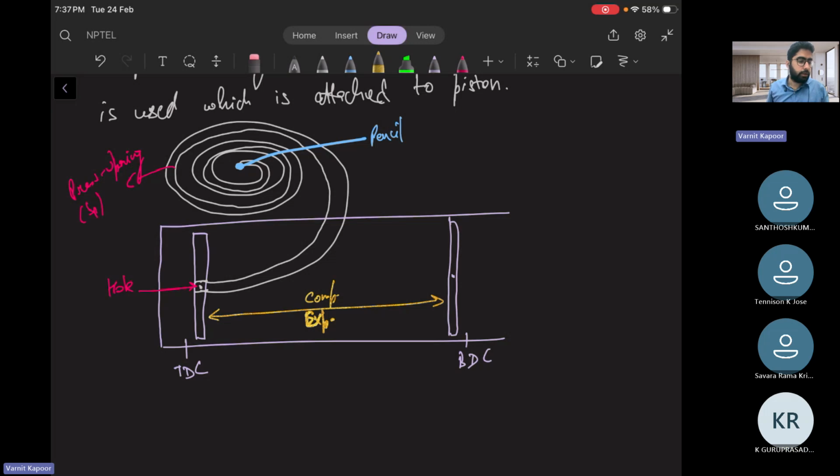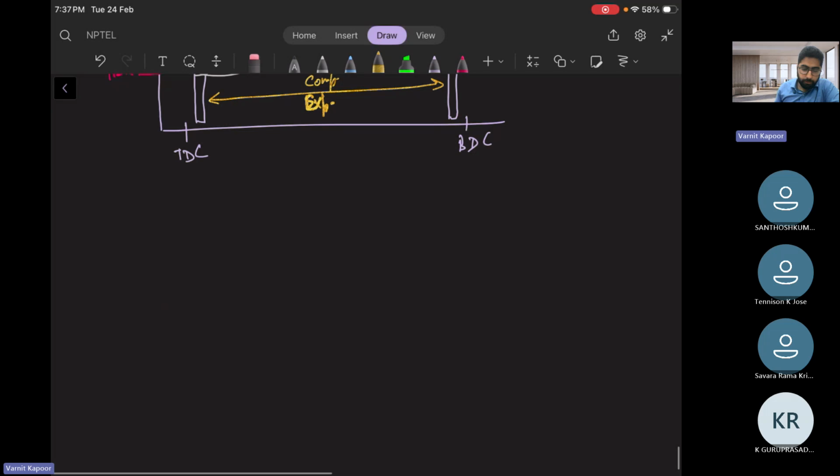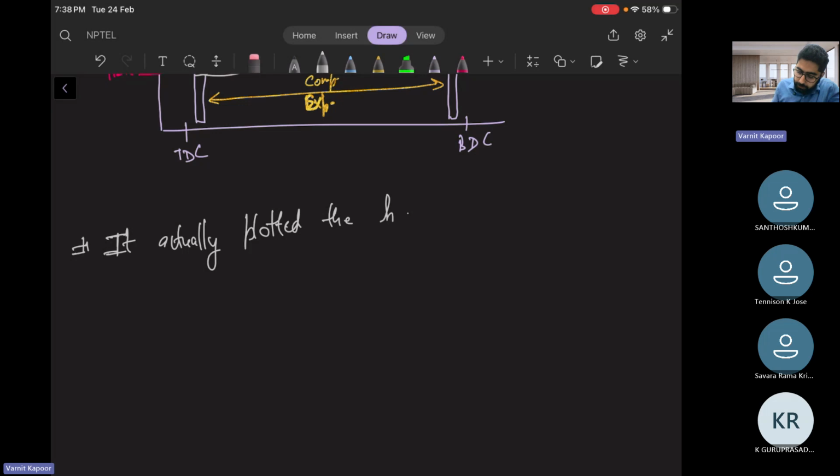Okay. Now the next point is, we have got the pressure volume diagram for the actual PV diagram, but actually this pressure spring mechanism plotted the h, which is not equal to the swept volume length diagram.